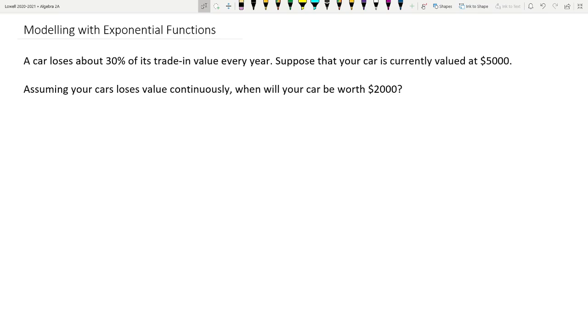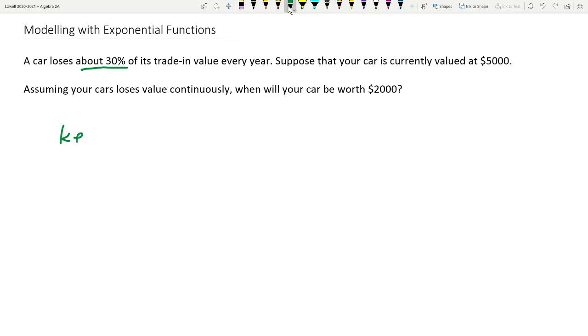Question: assuming your car loses its value continuously, meaning it's always slowly losing value, when is your car going to be worth $2,000? The first thing I would do here is create a function. Because it's losing about 30% of its value, losing 30% is the same as saying keeping 70%.